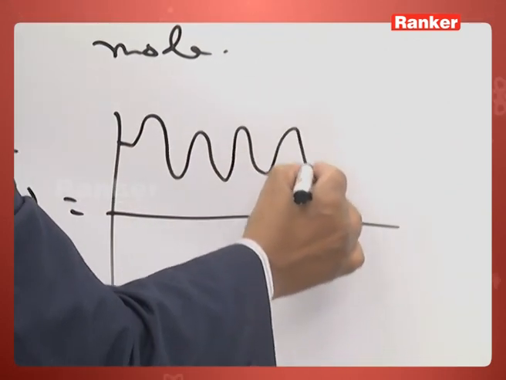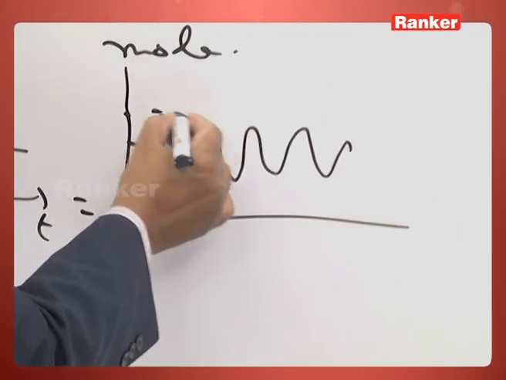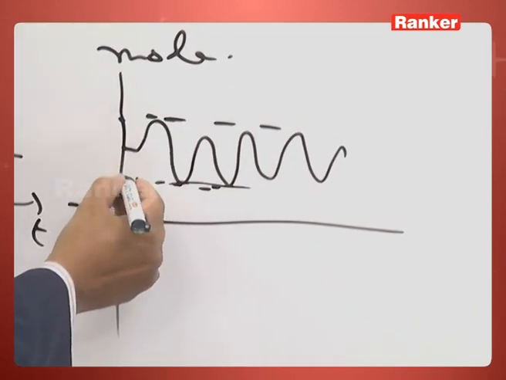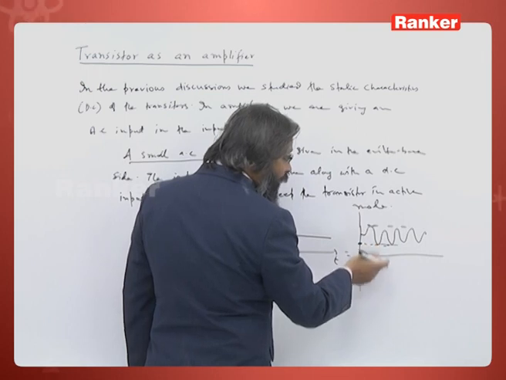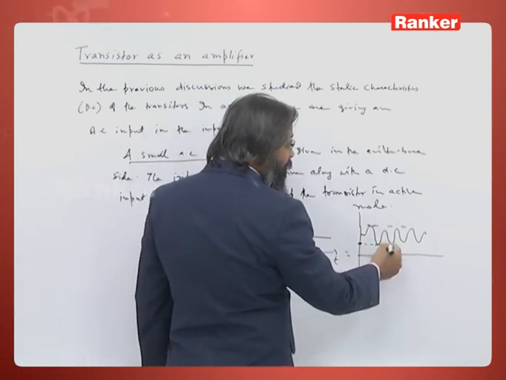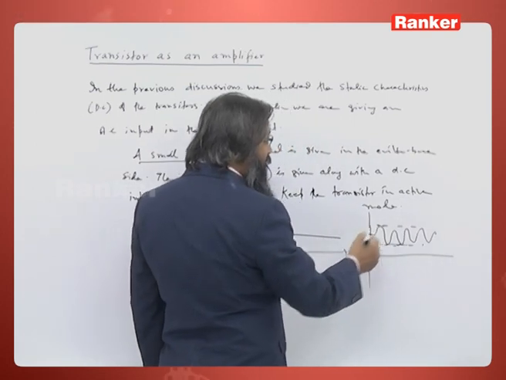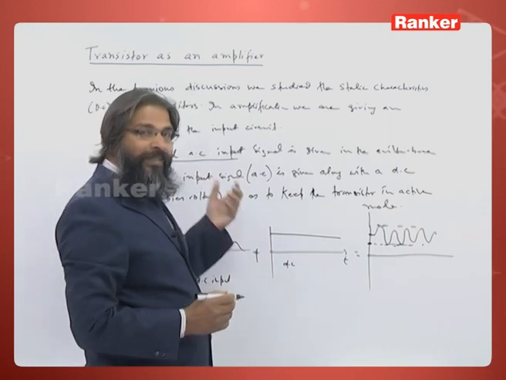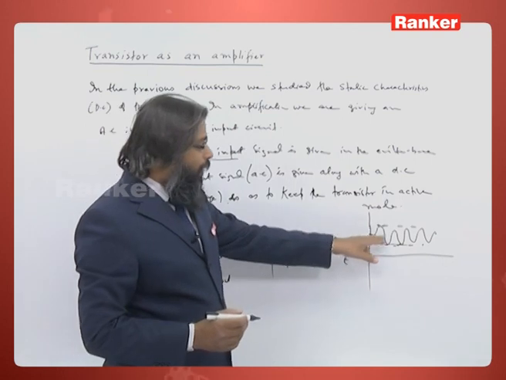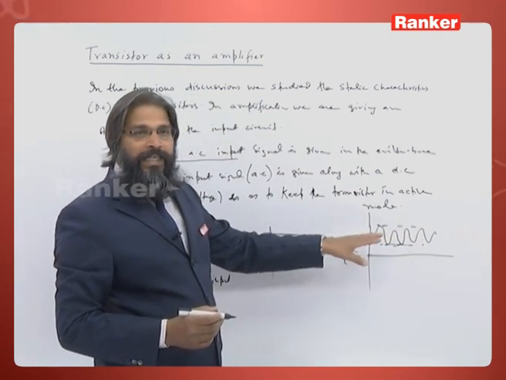This region, that means the current, should not make it reverse biased and it should not come into saturation mode. We should keep in mind that the operating point, that means the signal given, should be such that when connected properly with a DC bias, the whole signal makes the transistor work in active mode.